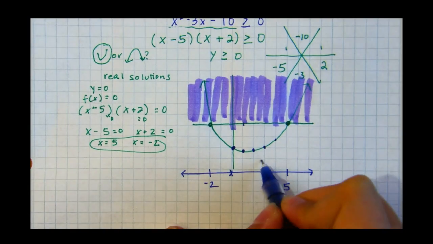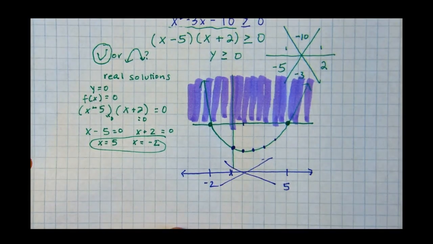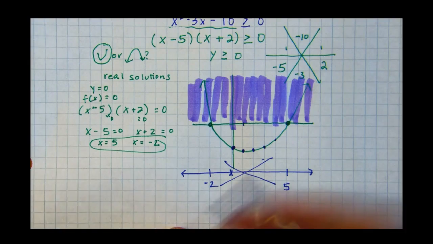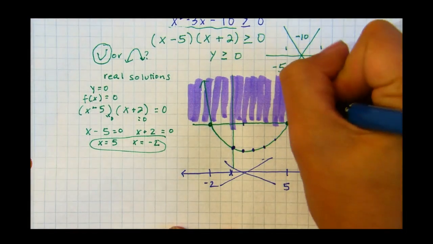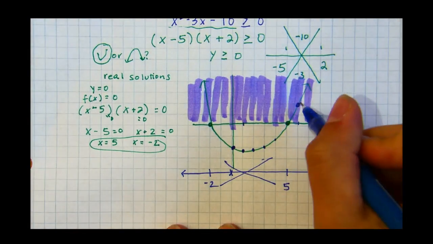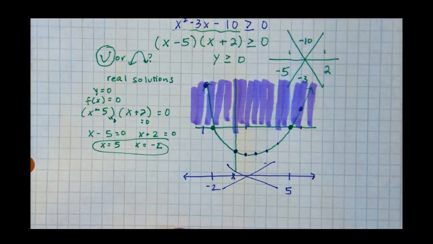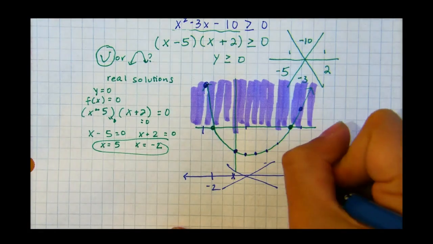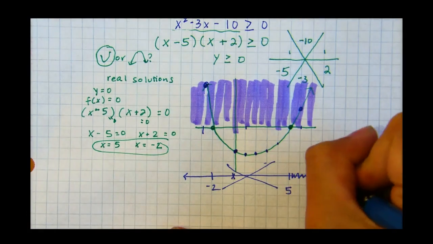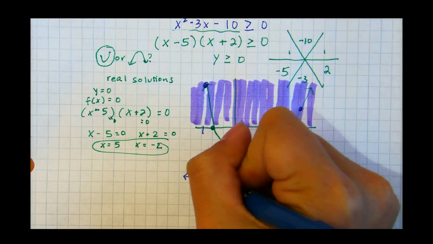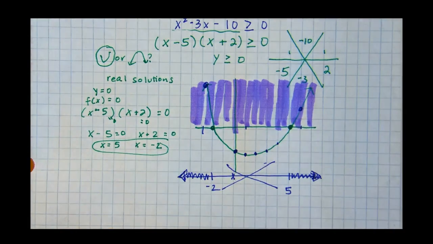So my solutions actually are not in between 2 and 5. Instead, they're outside. So if I look at 4, well, that's in the shaded section. If I look at negative 3, again in the shaded section. So my solutions are going to the right of 5 and to the left of 2.